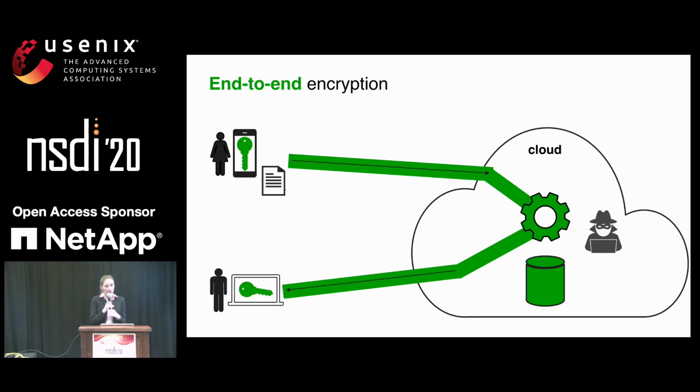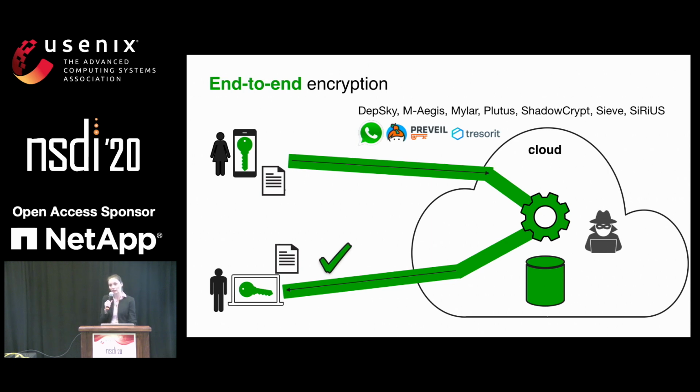Basically, a user has a key on their device, and the cloud never receives the key, encrypts some file or message, sends it encrypted to the cloud. And then the cloud sends this file back to some user who can actually decrypt and obtain the data, but also can verify whether it was not tampered with at the compromised cloud. And there's been a lot of work in end-to-end encryption, both in academia and industry. In fact, in industry, there has been more and more adoption, which is very exciting. For example, WhatsApp brought end-to-end encryption to 1.5 billion users.